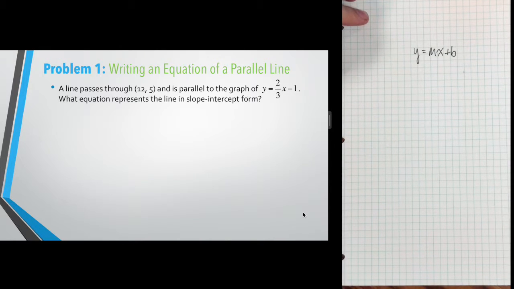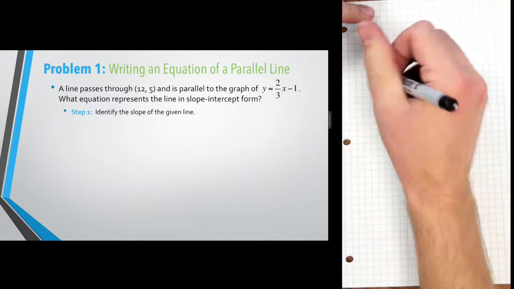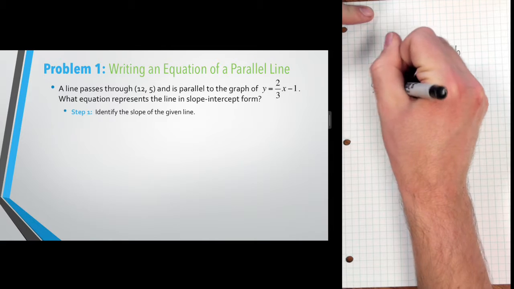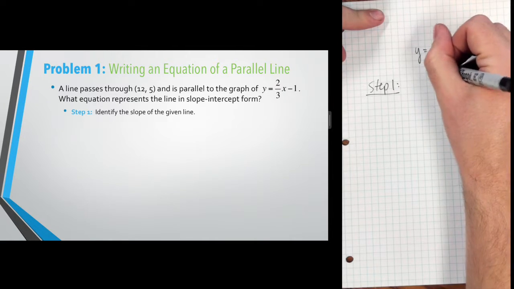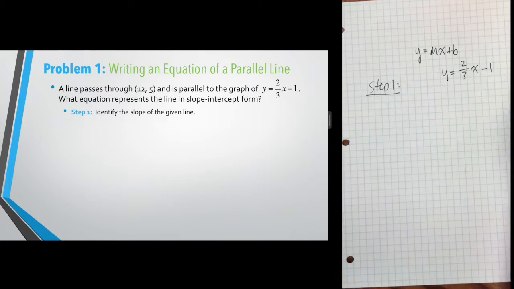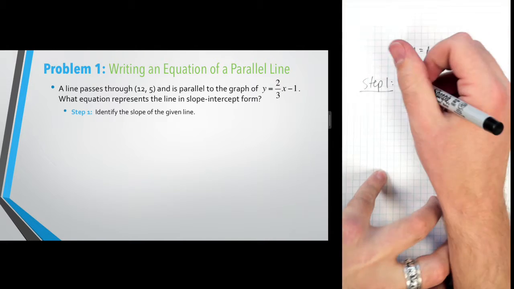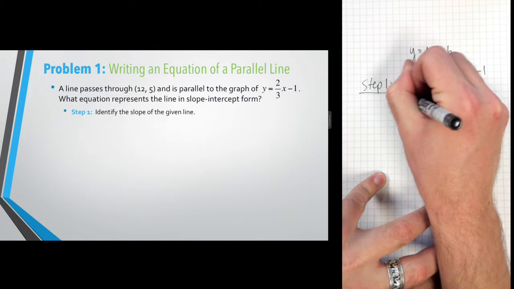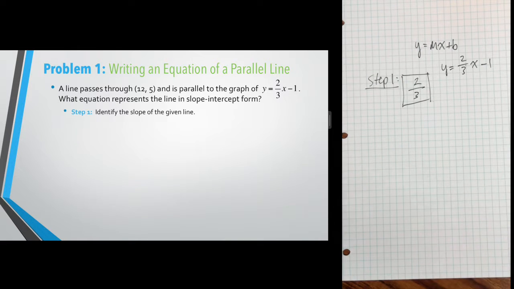So there are a couple steps. First, identify the slope of the given line. So, step 1, we need to look at y equals 2/3 x minus 1. That's the equation that's given to us. And we need to identify what's the slope. Well, according to y equals mx plus b, 2/3 is the slope. So, 2/3, there's our slope. That's step 1.